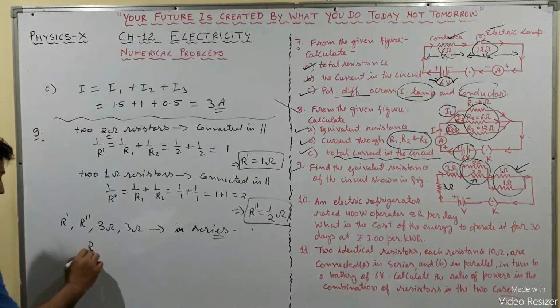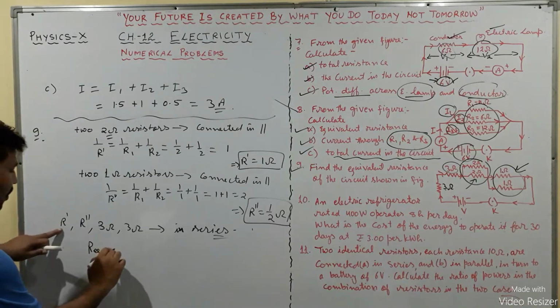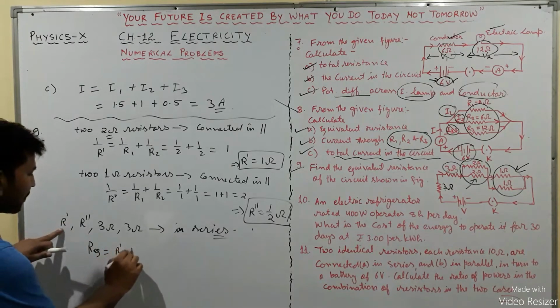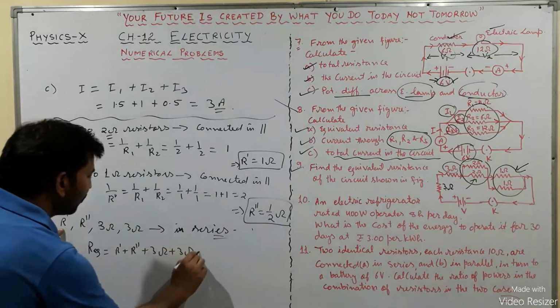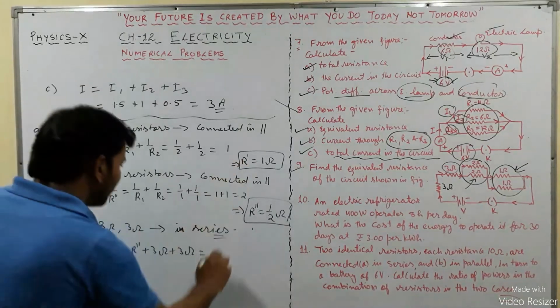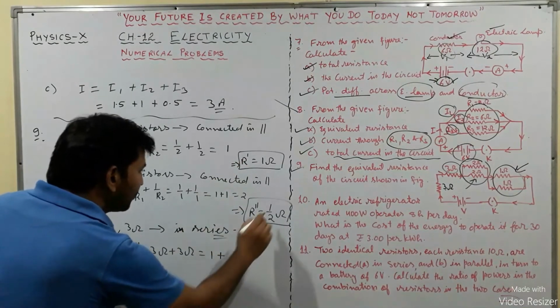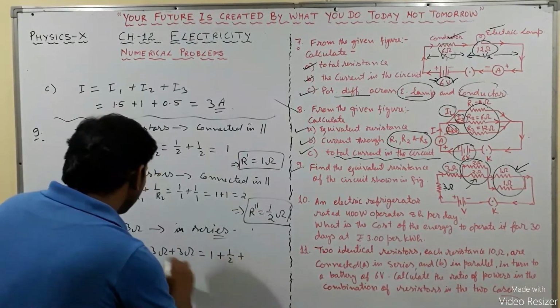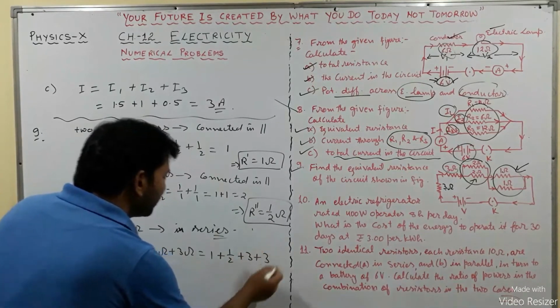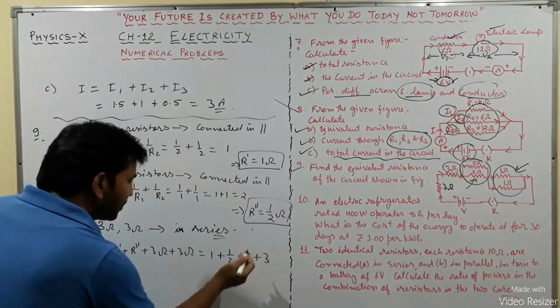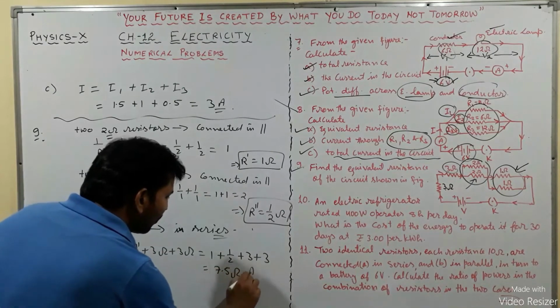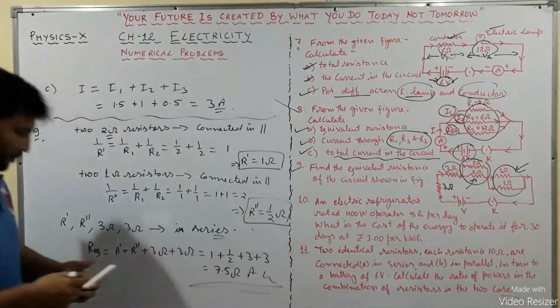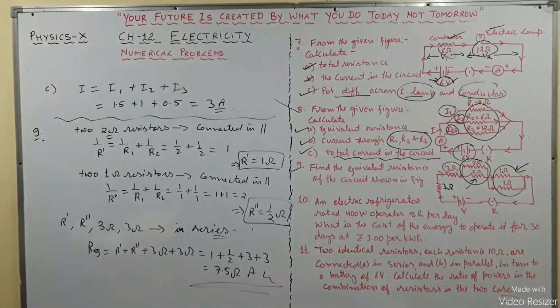That is R equivalent is equal to R dash plus R double dash plus 3 ohm plus 3 ohm. By putting the value, what is the value of R dash? That is 1. R double dash is 1 by 2, and 3 plus 3 is 6, so the total is 7.5 ohm. That is the answer. Clear?